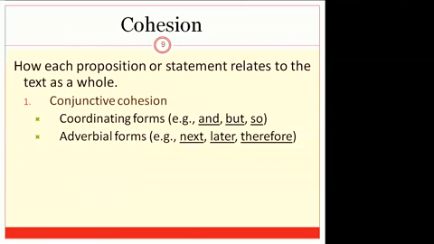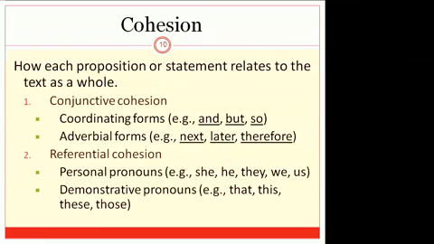In addition, there are adverbial forms of conjunctive cohesion. When we use words such as next, later, therefore, those words help us to form bridges across sentences that also tie ideas together. Coordinating forms and adverbial forms create conjunctive cohesion within a story.